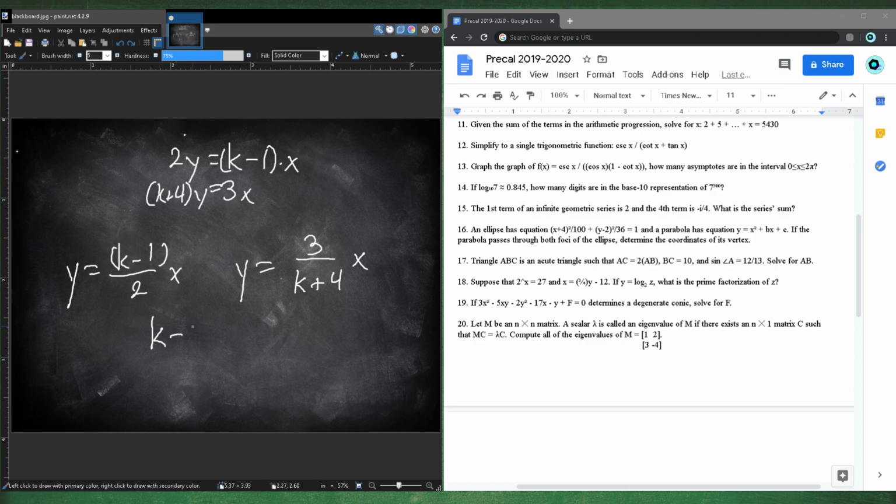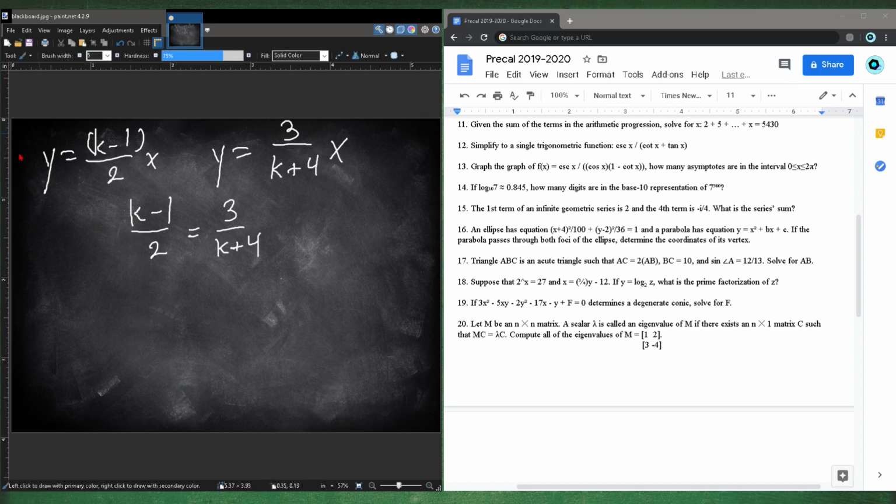If you set the y's equal to each other, k minus 1 divided by 2 times x equals 3 over k plus 4 times x, so your slope has to be the same. You could also just logic your way through and say the slopes are the same because you have the same y here and the same x here, so you have to keep these the same. So k minus 1 divided by 2 equals 3 over k plus 4. Okay, so let's move this up.